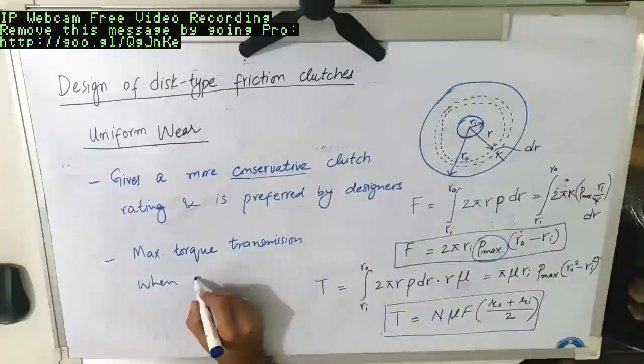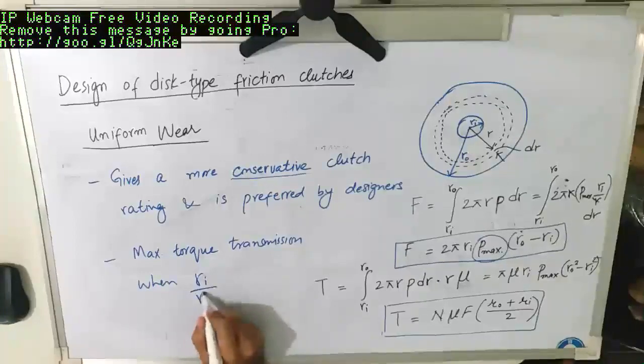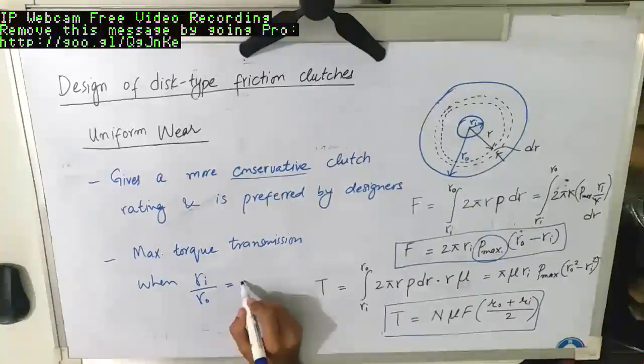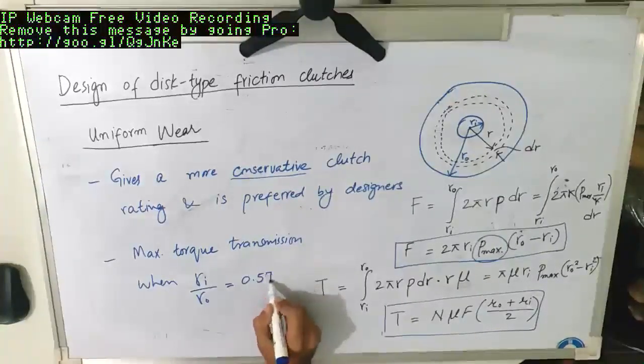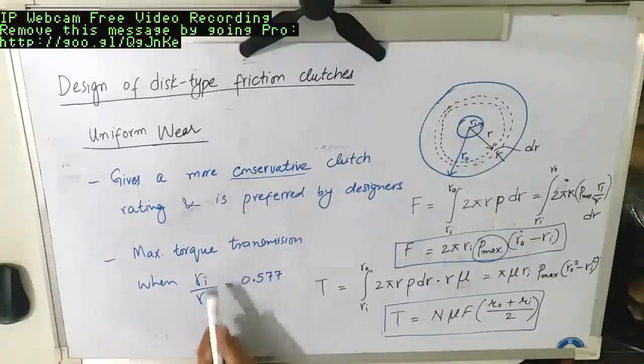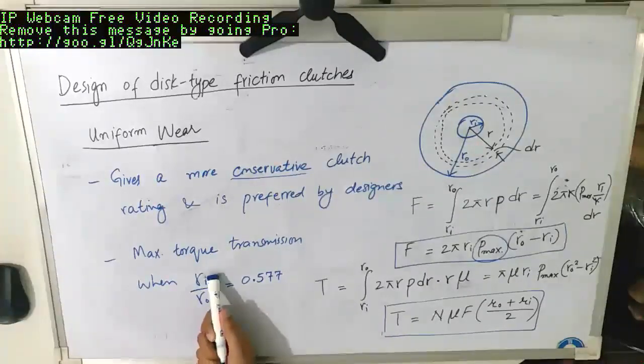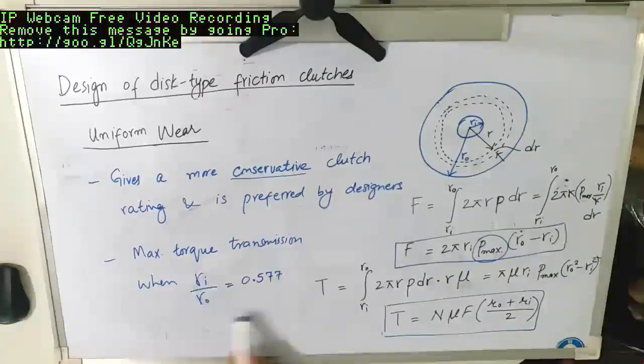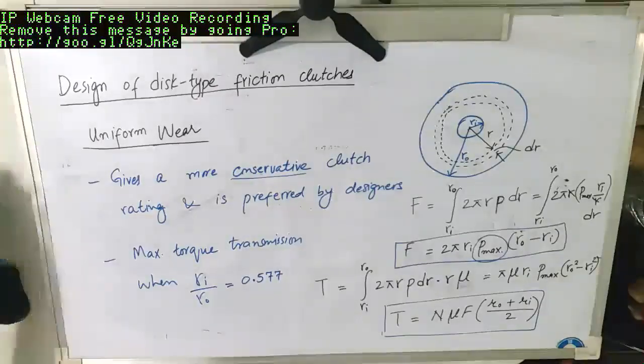So when Ri over R naught is 0.577, this is the golden ratio that we will be using. So every time we are given the inner radius, we can calculate the outer radius by using this expression. So that is all for both of these derivations. Now we will move on to solving the numerical problems related to this design.